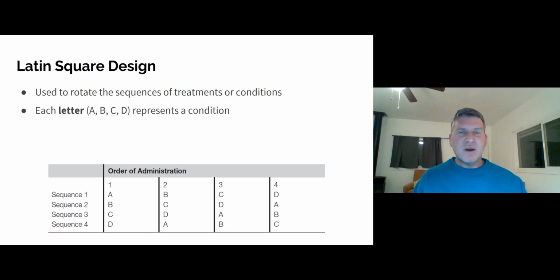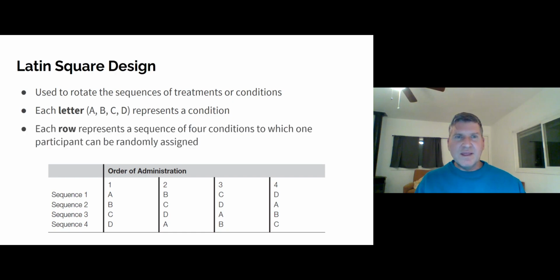Each letter could represent a condition, and you can see that each condition or treatment is given in a slightly different order. Each row represents a sequence of 4 conditions to which one person could be randomly assigned. So each person or unit is assigned a sequence or a row, and the order in which those 4 treatments are done differs depending on which sequence is given.